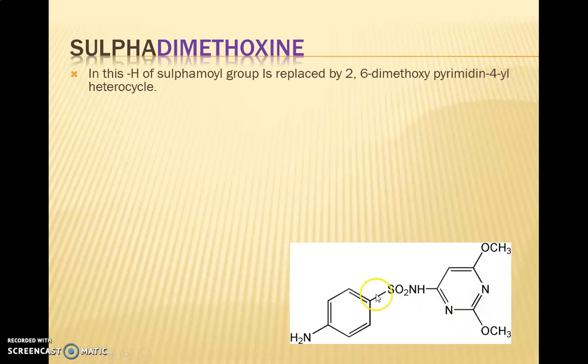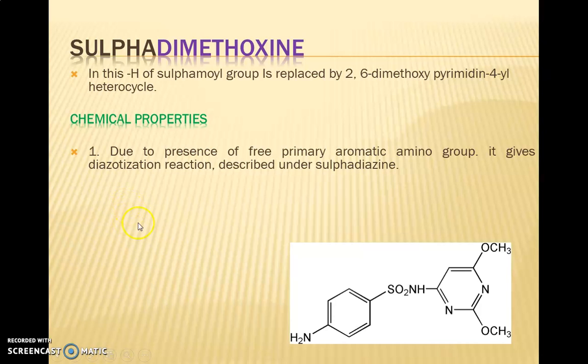If you are giving numbering to this heterocyclic ring pyrimidine, it will be 1, 2, 3 and 4 position. So this is the 4th position with which it is attached. That's why 4-yle: pyrimidine attached with the 4th position to this sulfomoyl nitrogen, and one hydrogen got replaced. This complete group is called sulphadimethoxine.